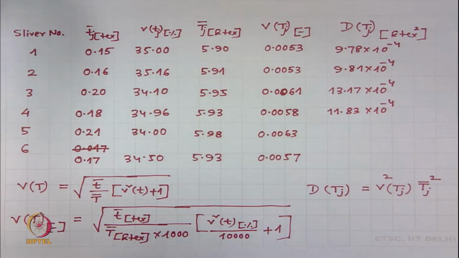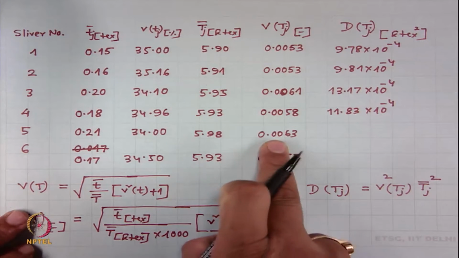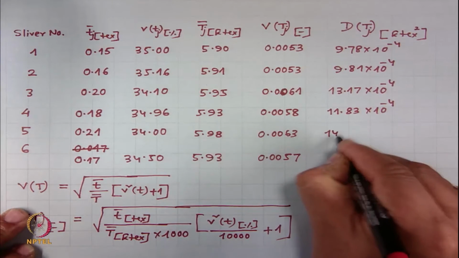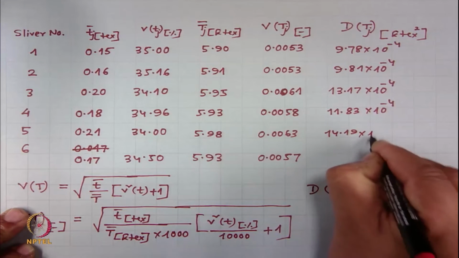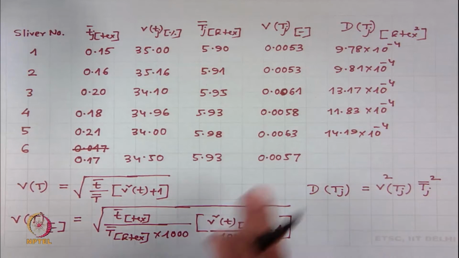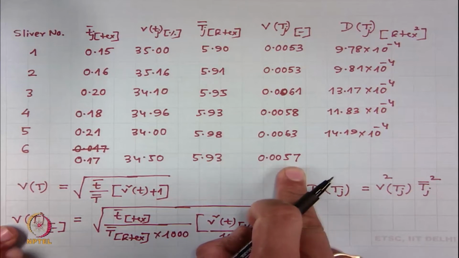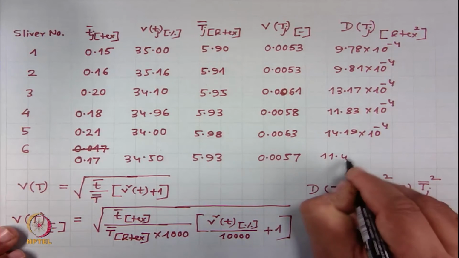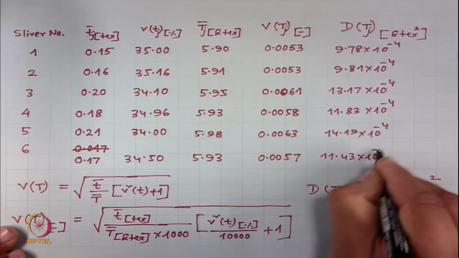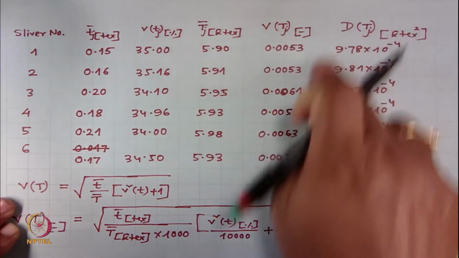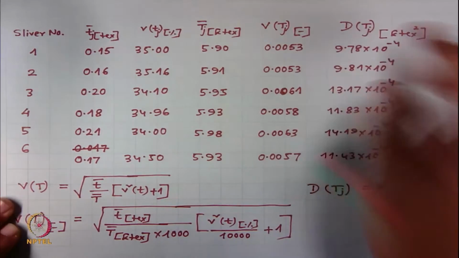for the fifth one, 0.0063 square into 5.98 square, for the sixth, the last one, 0.0057 square into 5.93 square, this. Then what you have to do? You have to basically sum all this.